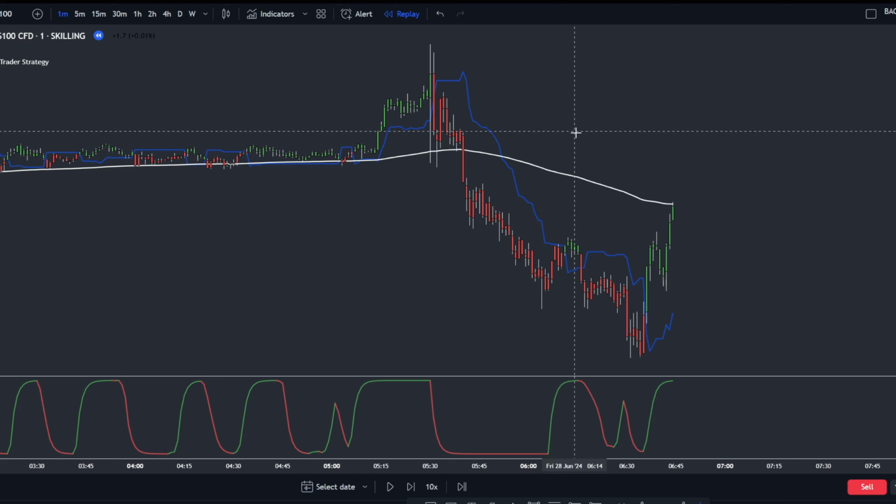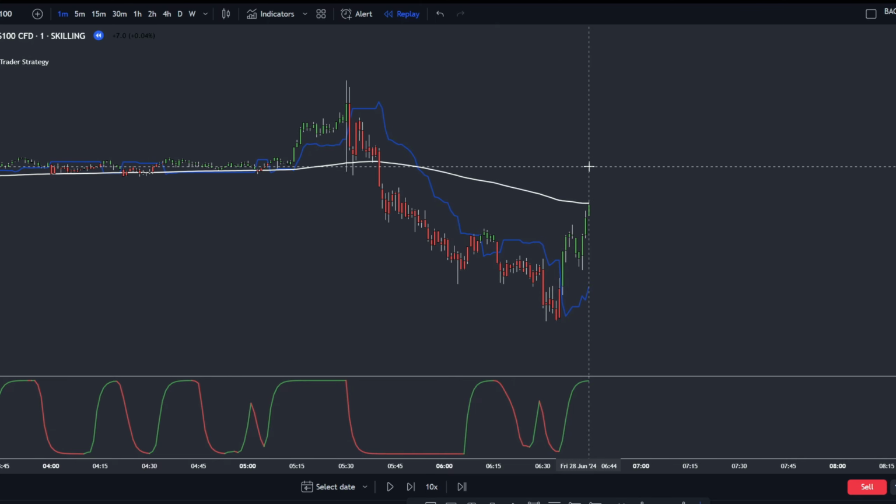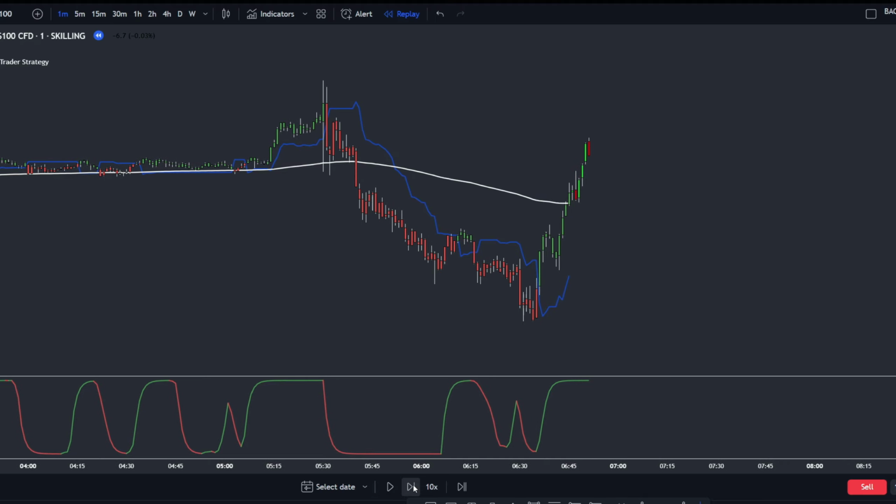So we are starting right on June 28th. So right now, let's go. Right now, we're going to be looking for sells. The price is below the 200 EMA. We crossed above the trend trader, so we're green. If it could stay below and then recross over, we'll look for a sell.